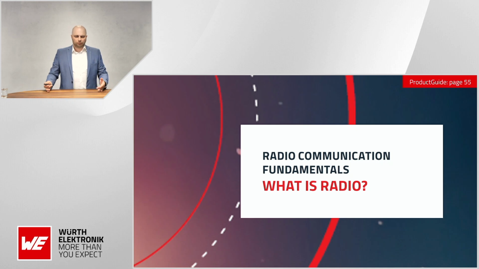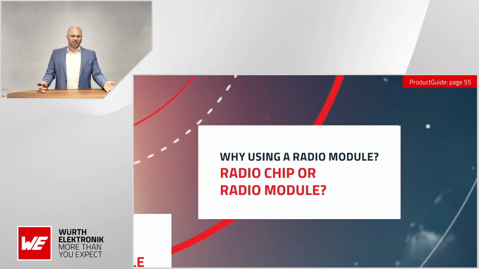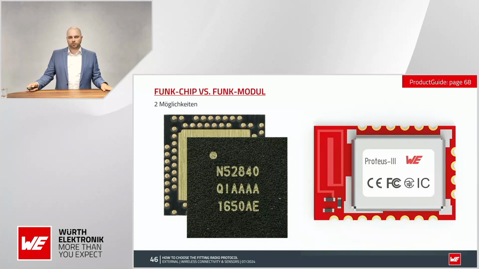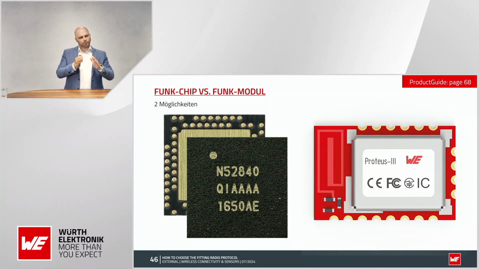After these radio basics, you have also a few questions. What should I use now? There you have the possibilities: you can use a radio chip or you can use a radio module. What's the difference here? On the left side, you see a Nordic radio chip. It's the same chip that is included in this radio module. With the chipset, you have a very good possibility because it's very flexible.